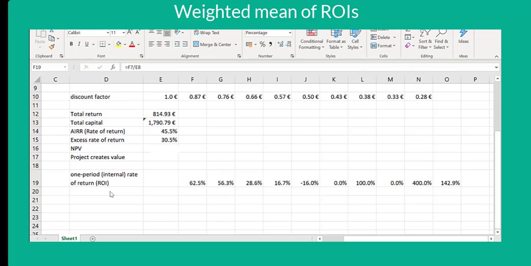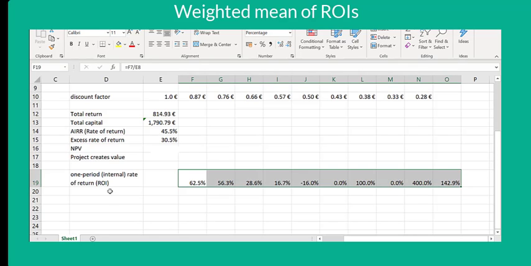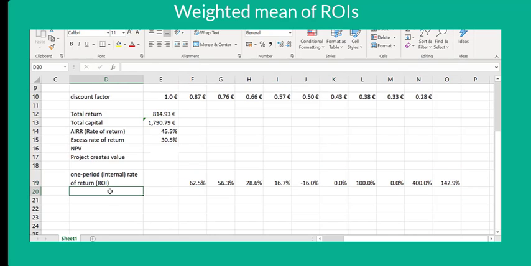These ROIs are weighted, and we have to compute the weights to which these ROIs are applied. The weights of the mean.